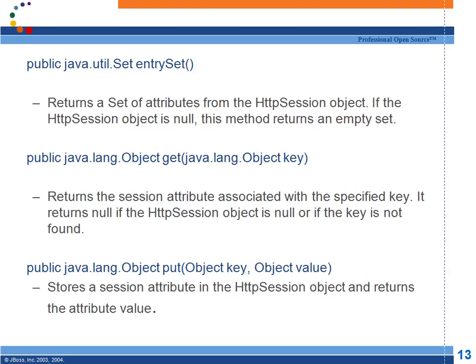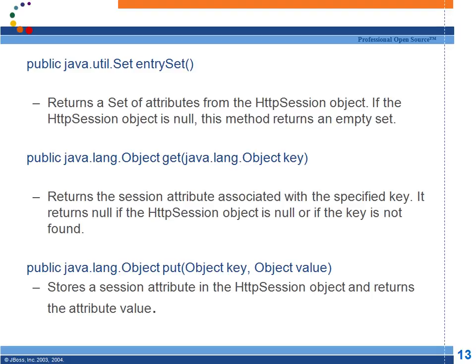Another one is entrySet. You can call entrySet, which returns a set of attributes from the HTTP session. In the HTTP session, you might have an attribute name and attribute value, and everything will be returned as a set of attributes.